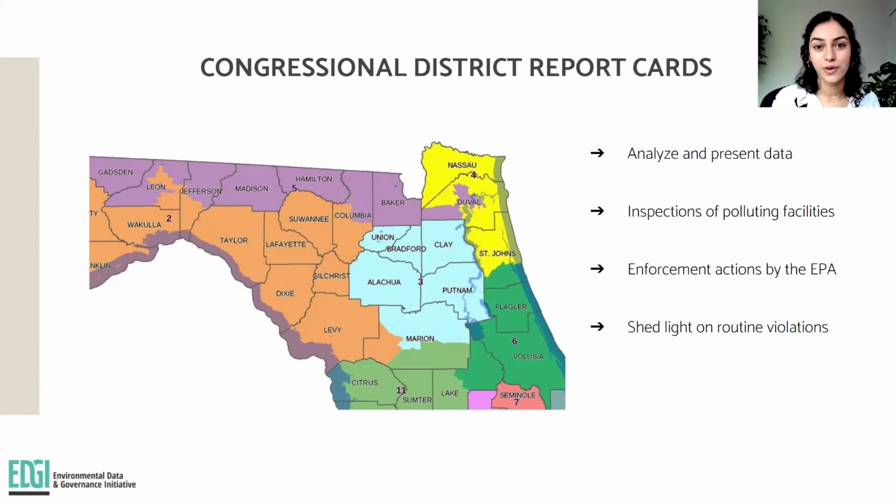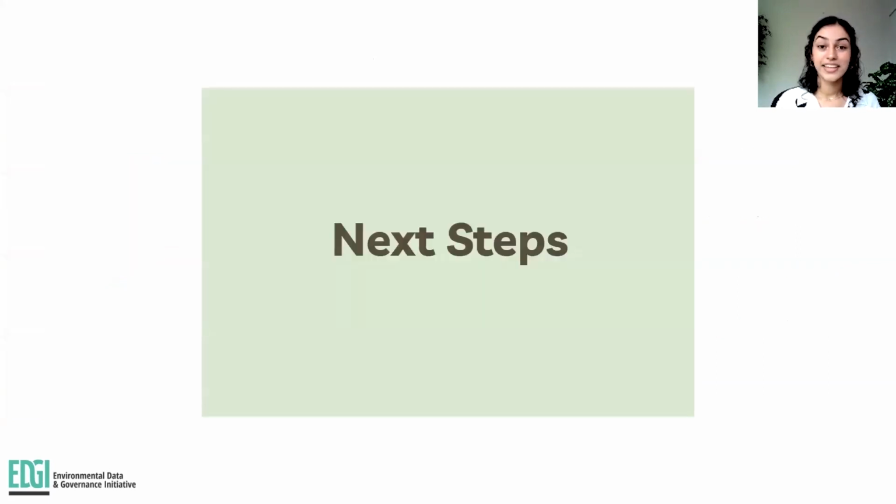The Environmental Enforcement Watch will format the data for each district and state into a public report card for release in October. We will compile an online repository for these report cards of the 76 Congresspeople who sit on the House Energy and Commerce Committee. Let's talk next steps.